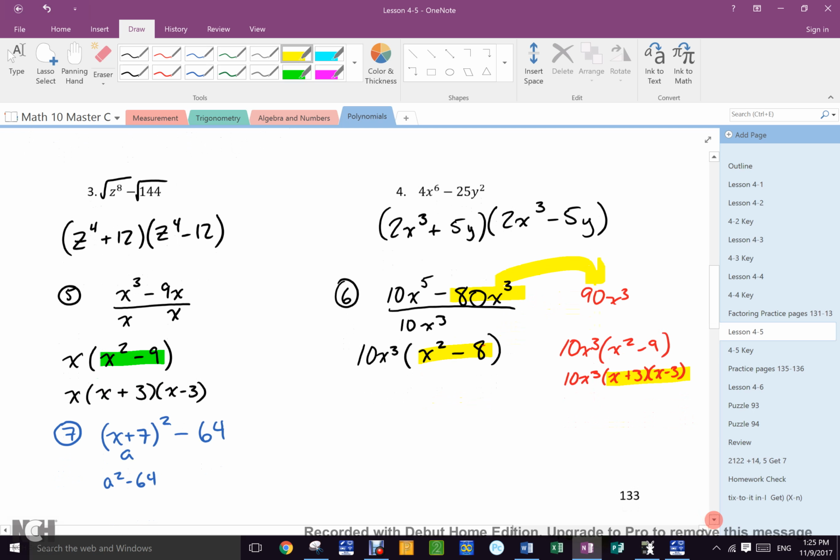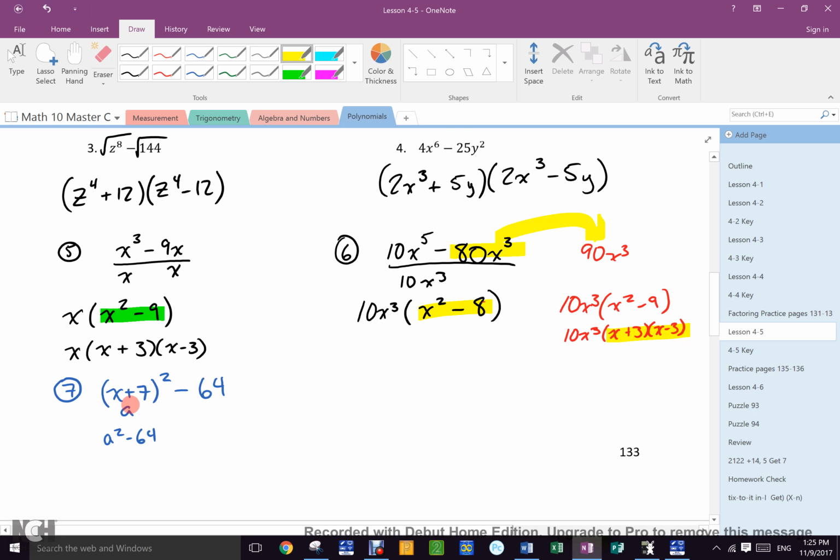Then the bell rang here. We'd already seen this in other factoring we had done, right? This, what do those brackets do to x plus 7? It groups them together as one thing, yes? So I am allowed to call that one thing. So I am going to call that x plus 7 the letter A. I can choose any letter I want.